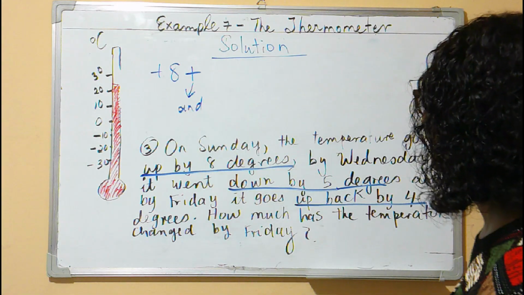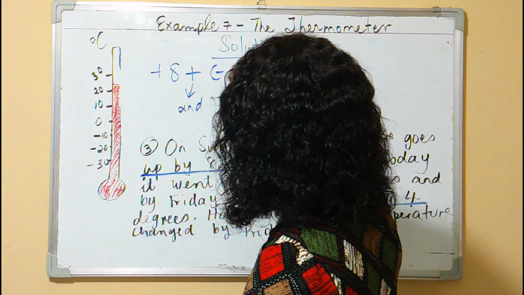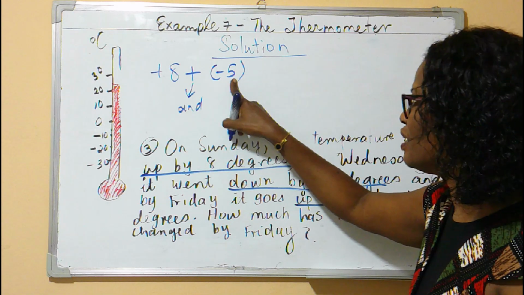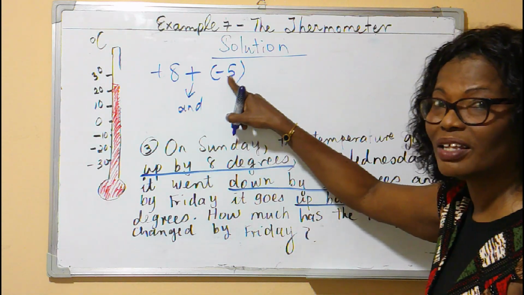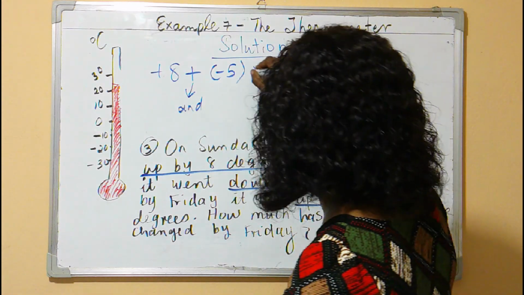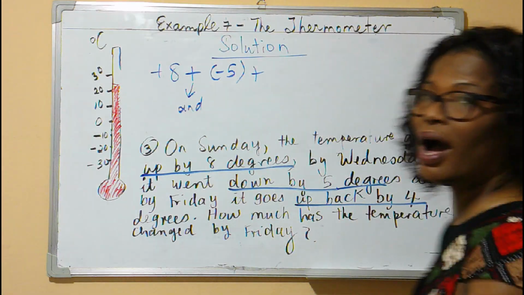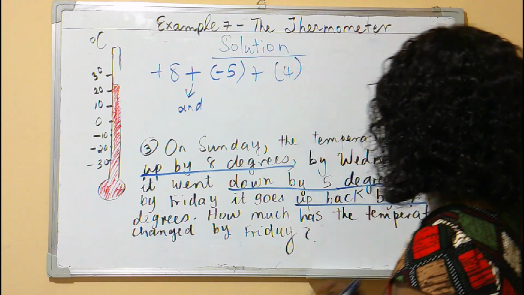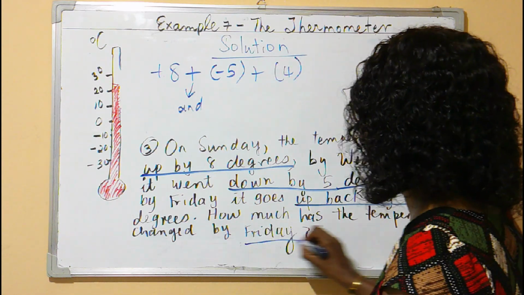By Wednesday it went down by 5 degrees. So the negative sign tells me the sign of the number is a negative 5. And it went back up by 4. So how much has it changed by Friday?